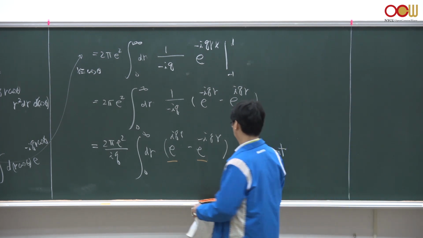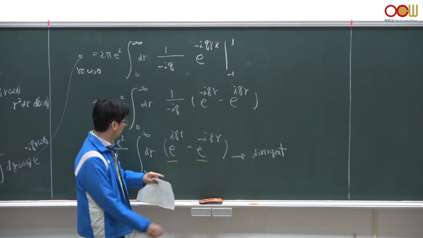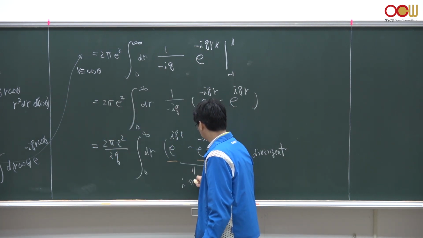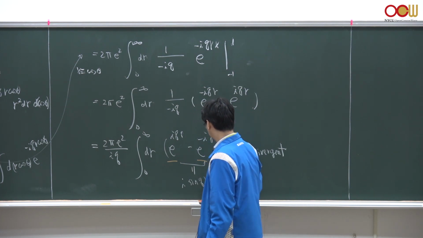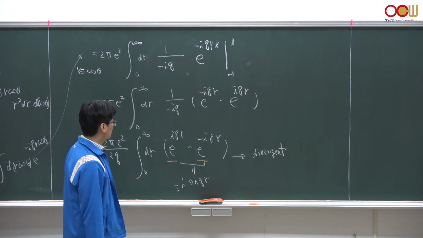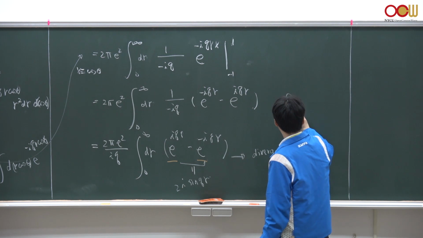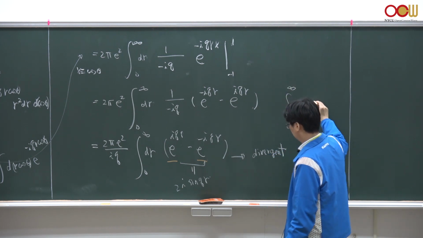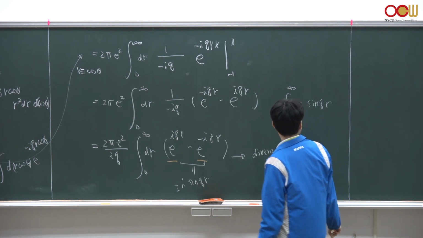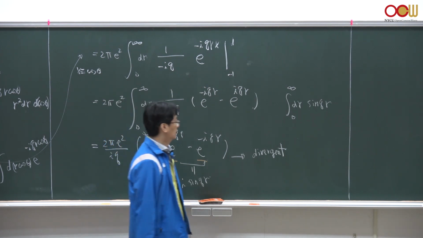Right? So to understand the origin of this divergence, you could simply change this to say i sine q r, something like that. Okay, so if you try to evaluate this, the r runs from 0 to infinity, and sine q r, and q is finite in general, and this integration does not converge.